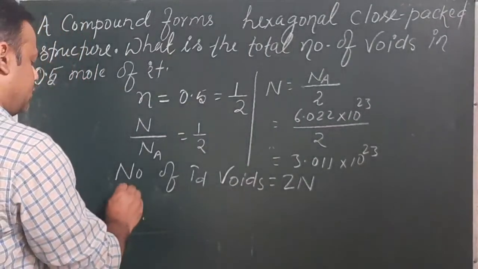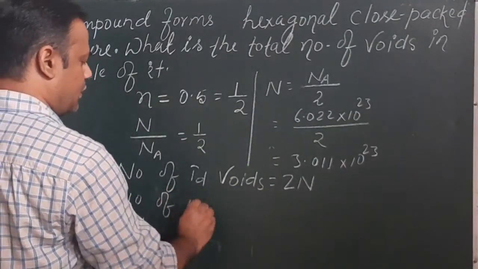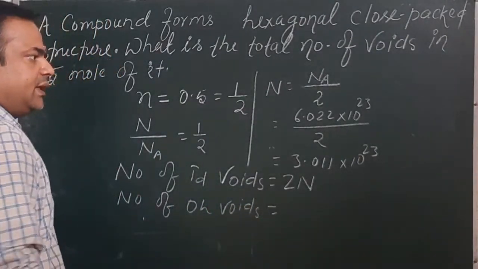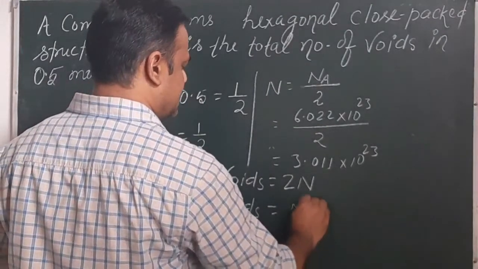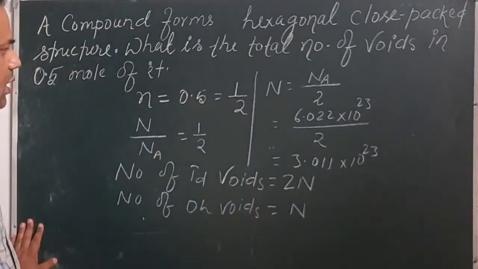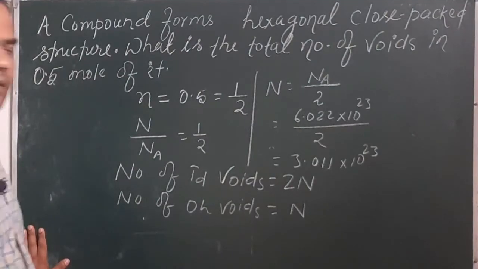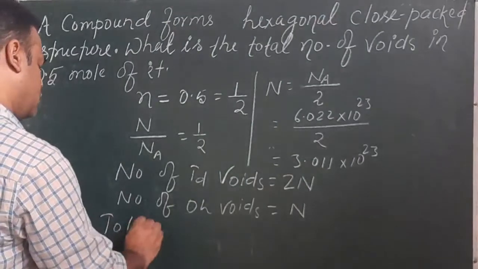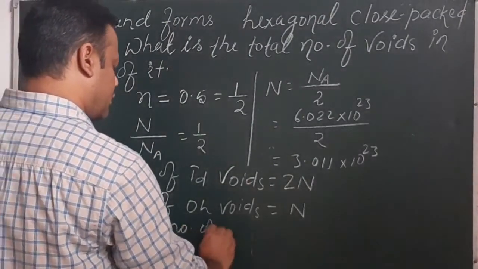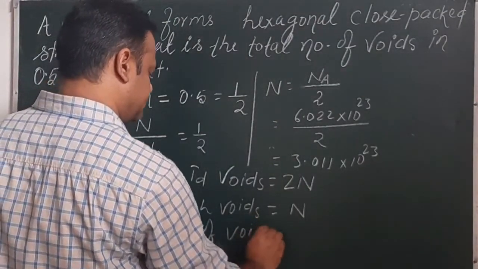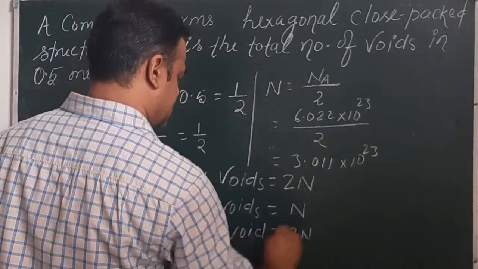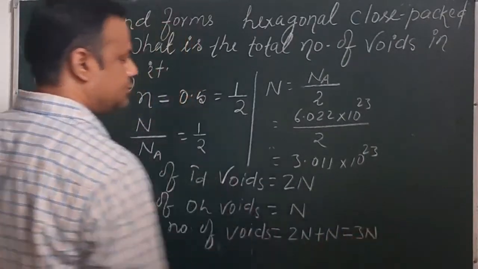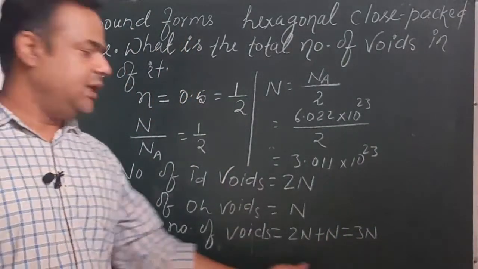Similarly, the number of octahedral voids is equal to the number of constituent particles. So the total number of voids will be 2n plus n equals 3n. Total number of voids will be 3n.